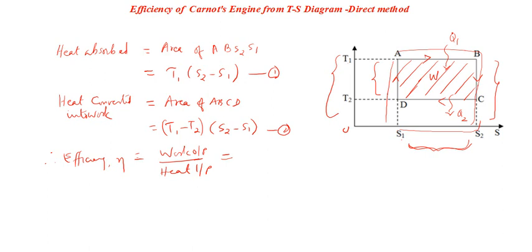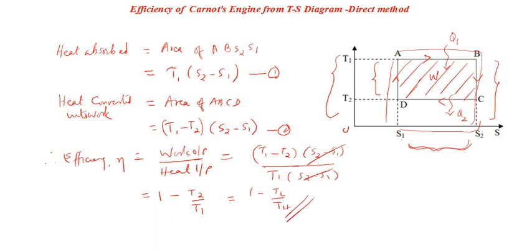Work output is given by 2, that is T1 minus T2 into S2 minus S1, divided by the heat input, which is given by 1, that is T1 into S2 minus S1. The same steps lead to the same thing. That equals T1 minus T2 by T1, which is 1 minus T2 by T1, or 1 minus T lower divided by T higher, the common expression which we have derived earlier.